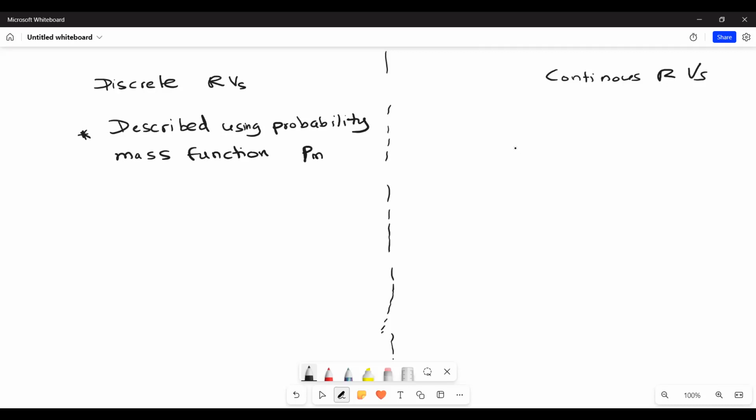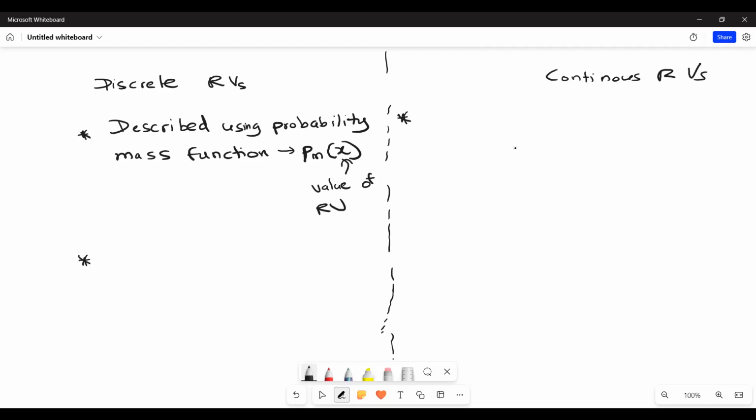Let's denote the probability mass function as PMX, where X is the value of the random variable. The probability mass function is defined specifically for the discrete random variables.